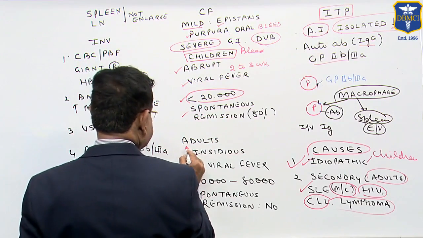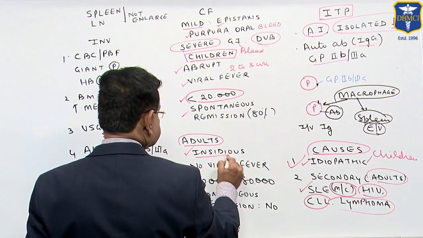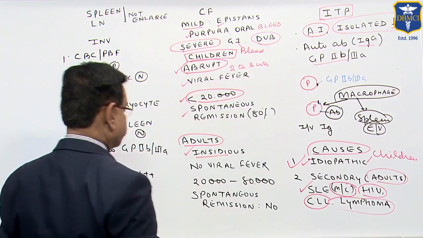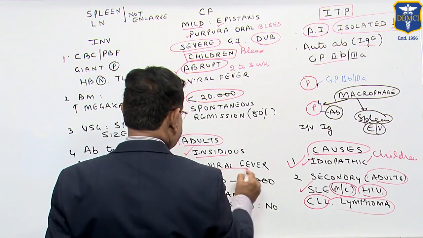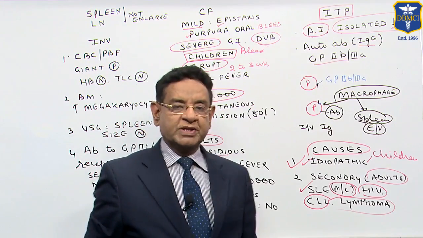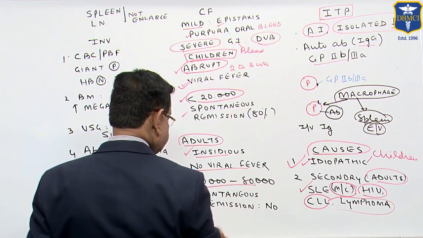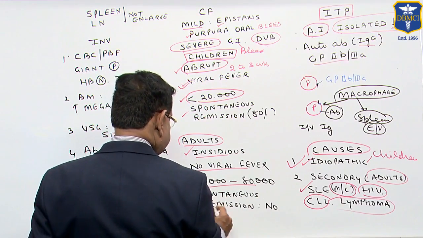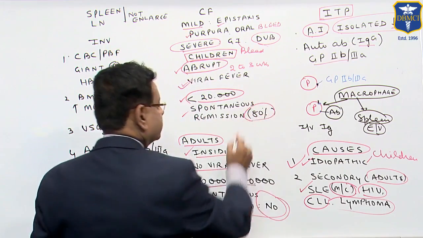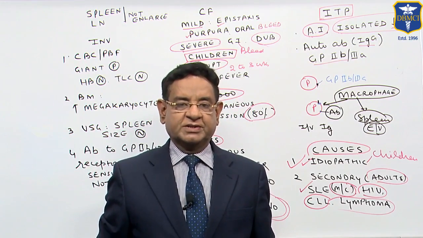As far as adults are concerned, they are usually insidious in onset. Note, it was abrupt in children. There is no viral fever before this problem, but in children we have a viral fever 2 to 3 weeks before. The count is usually around 20 to 80,000, and spontaneous remission is usually not a feature. Just remember, in children around 80% of cases have spontaneous remission.